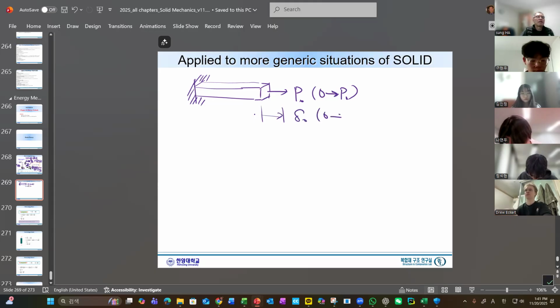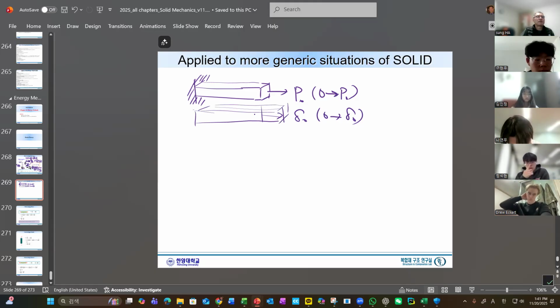That is exactly the same as a spring. So when we apply P0 and delta zero, this guy will extend this much. And then there will be a strain energy.